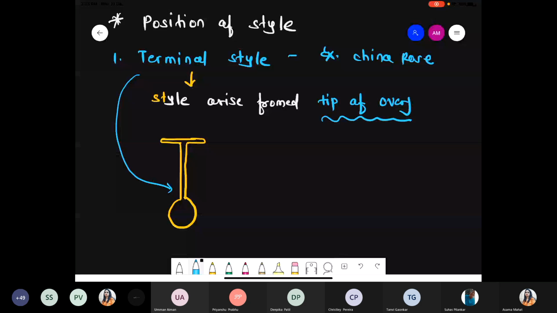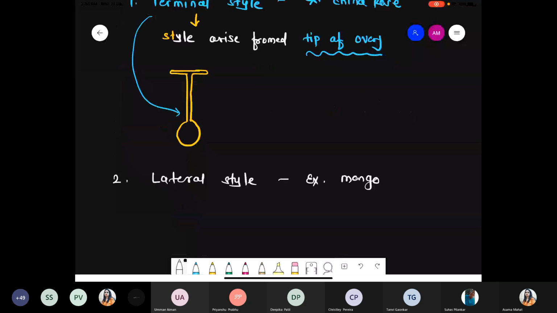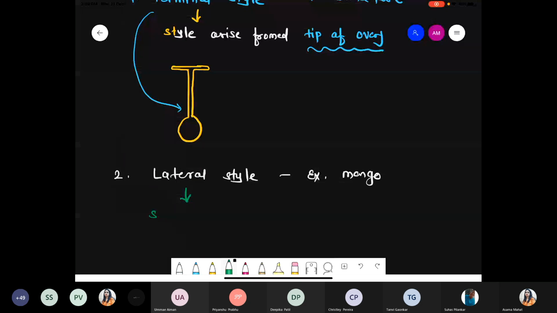Number two, we are talking about lateral style, which is very much common in case of mango. The name represents it: the style arises from the side of the ovary, the lateral position. Lateral means side position, terminal means tip or apical position.